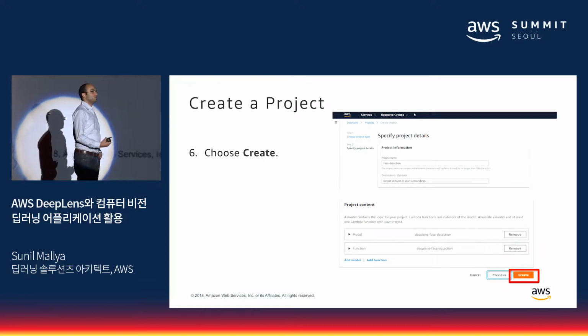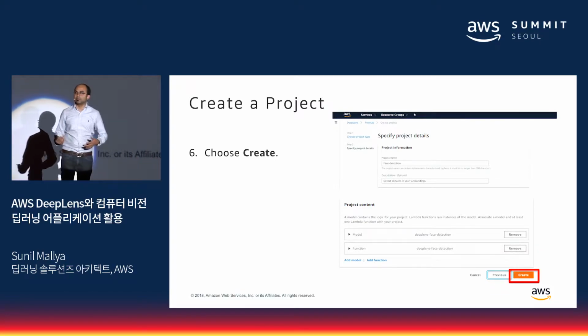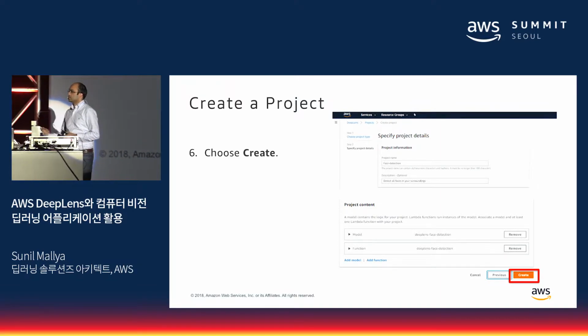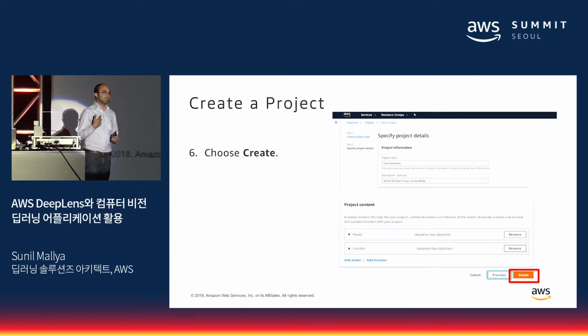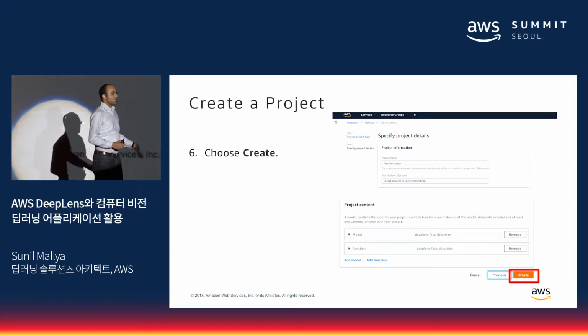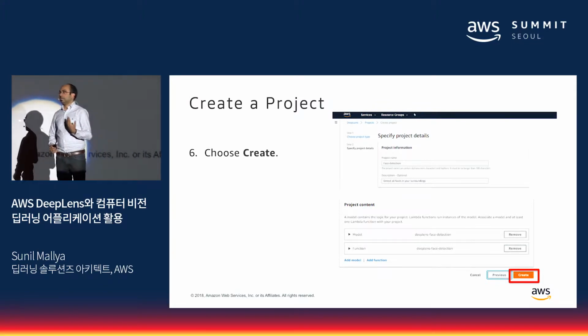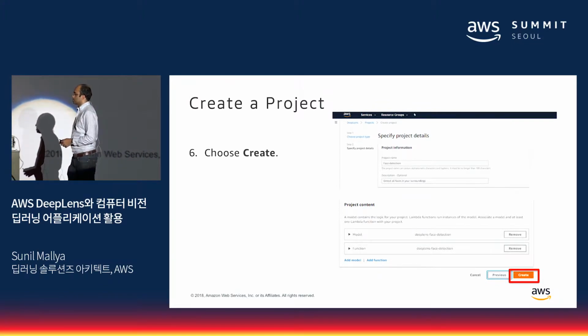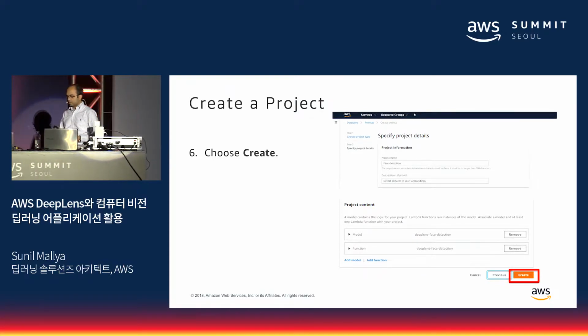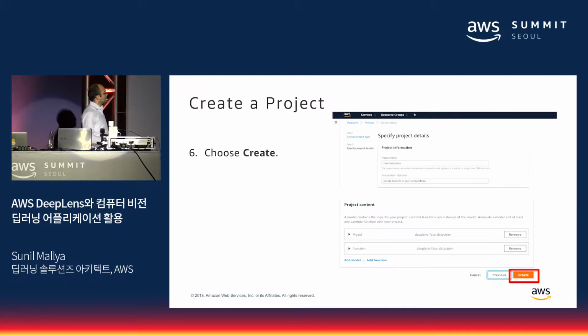We really wanted to give an experience where people didn't have to log in to the device, SSH into the device, and so on. We really wanted you to use this just like any other AWS service, where you could log into the console and interact with the service. So in here, the first step is we create a project.